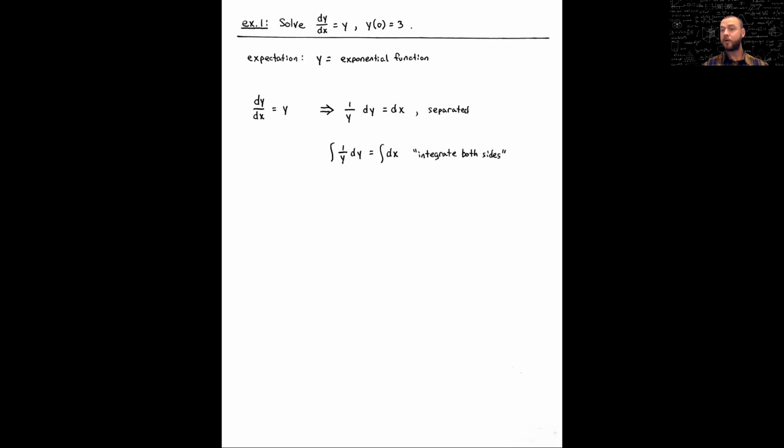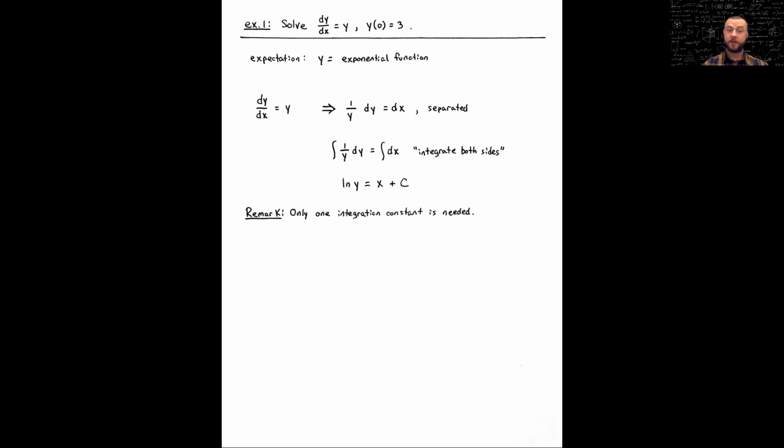At this point in the course, it's good to keep on top of your basic antiderivatives. Most of the examples so far aren't going to be too bad, but in the next example and beyond, we'll throw in some other integration methods. Here, this should be pretty straightforward. If you integrate 1 over y dy, that should integrate to natural log of y.